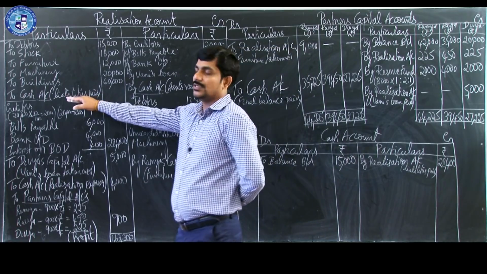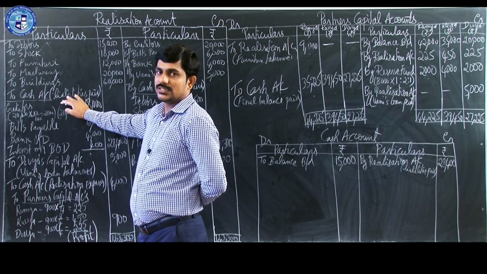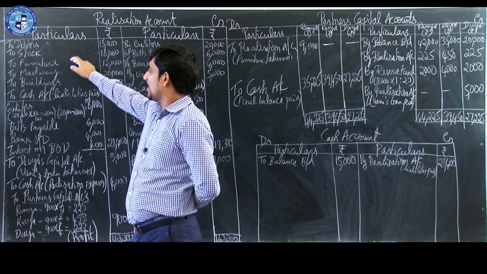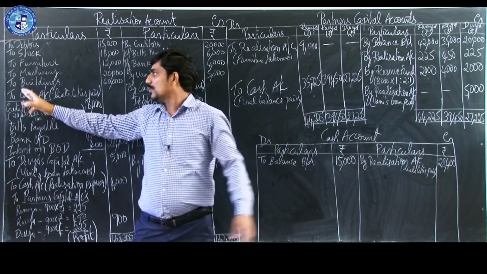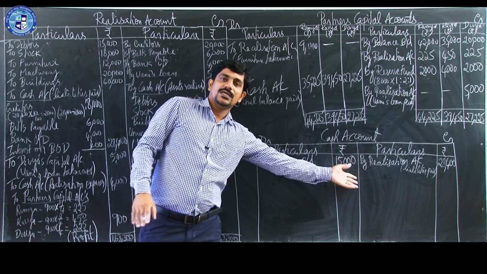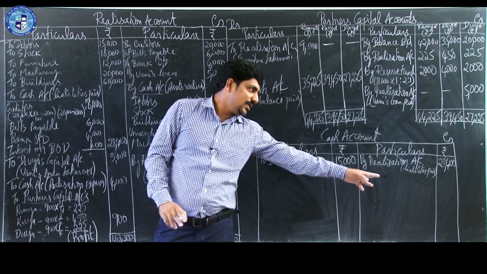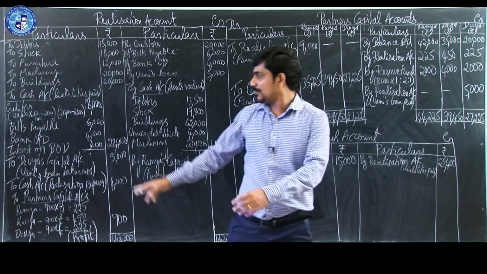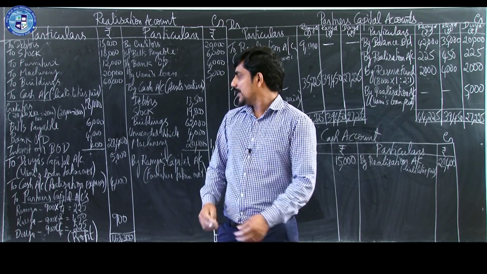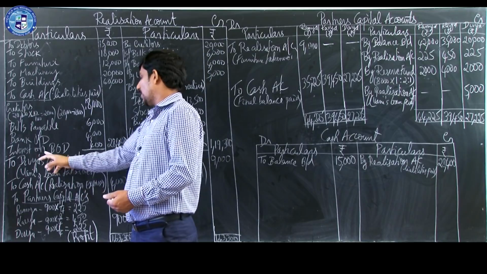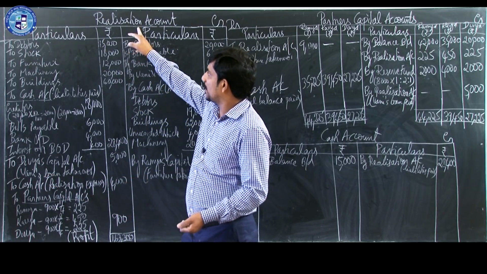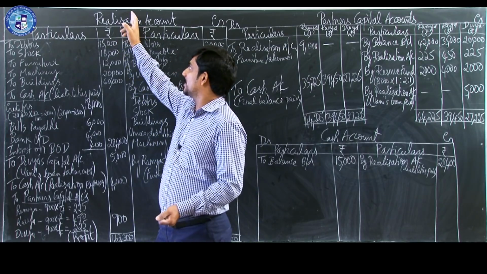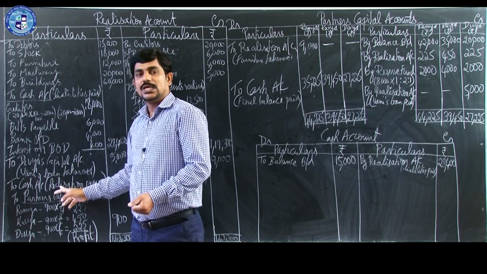Otherwise just look here, cash you have written under which side? Debit side. Because this information belongs to cash, we need to transfer it to cash account. From the debit side it will go to credit side. From which account you are recording? Realization. So by realization account 28,400. Next, one more cash is there for realization expenses, 4,000. So what entry you have passed? Realization account debited to cash account.